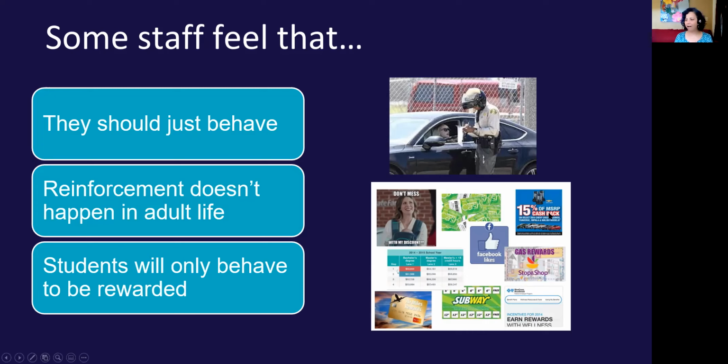Cash back for buying a car, even a reduction in our insurance premium because we follow the rules, right? What we should be doing anyway. And yet there's a reinforcement and a reward for that. So that increases the motivation to do something, right? I'm going to get a lower rate on my insurance. Okay, I'm more likely to drive the speed limit.